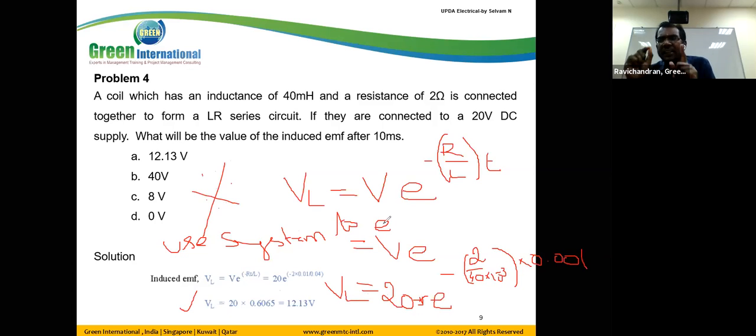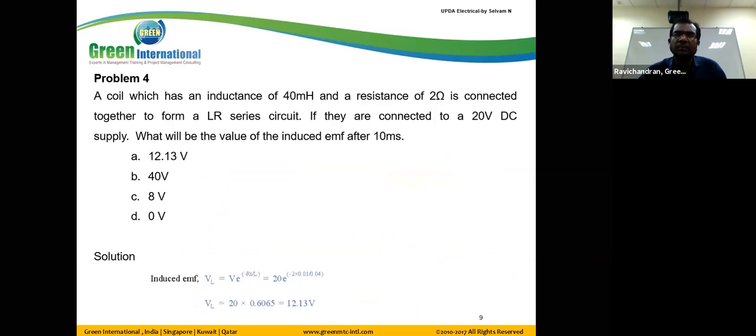How to find e to the power of minus 0.001? E to the power of minus 2 divided by 40 into 10 power minus 3 into 0.001. So have a practice. So this is the induced voltage.